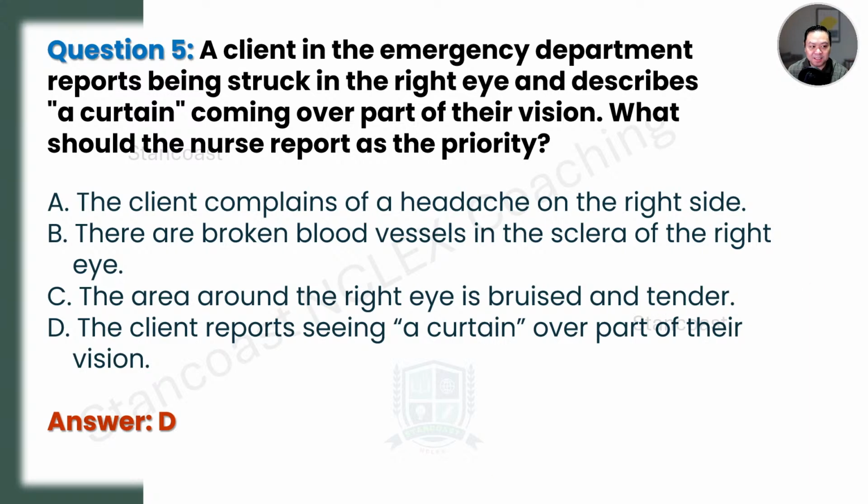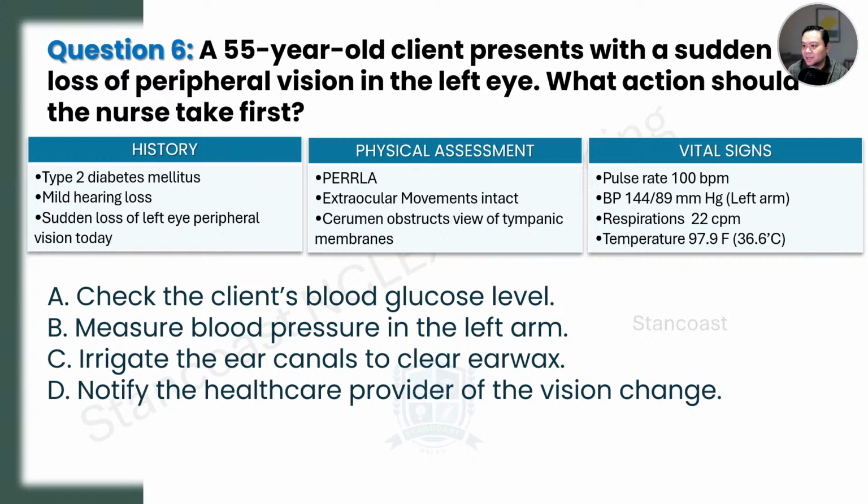All right, let's have number 6. A 55-year-old patient presents with a sudden loss of peripheral vision in the left eye. What action should the nurse take first? Now let's take a look at the history. Patient has type 2 diabetes mellitus. There's also mild hearing loss. There's sudden loss of left eye peripheral vision today.